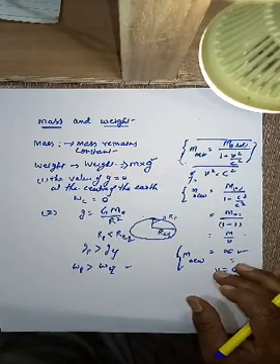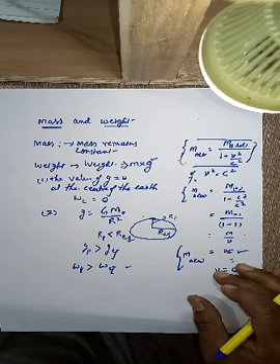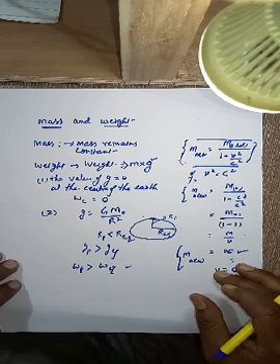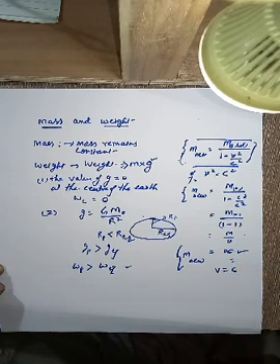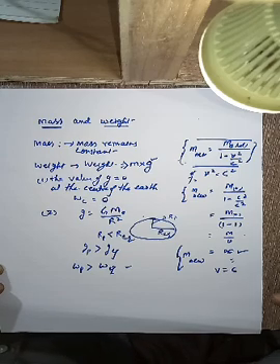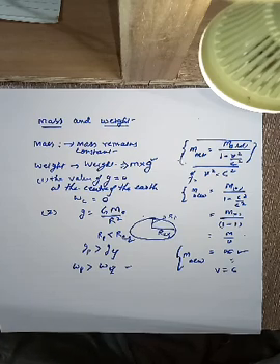One more thing I would like to tell you is that weight is not the essential property, but mass is the essential property of any object. Without mass, the existence of that object is not possible. But without weight, an object can exist, right? Because if gravity is 0, the weight will be 0, but it doesn't mean the matter does not exist.